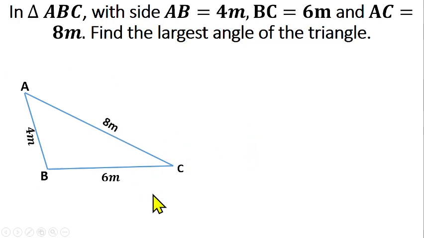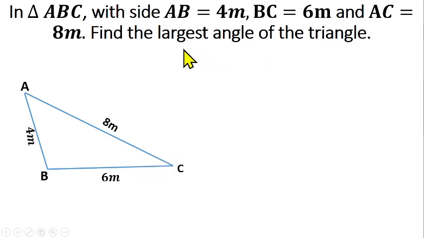So from this triangle now, we have to find the largest angle of the triangle. The question is, how do we know the largest angle? Having drawn the triangle to be like this, how do we know the largest angle of the triangle? Or if a person asks me to find the smallest angle, how do I know the smallest angle of this triangle?